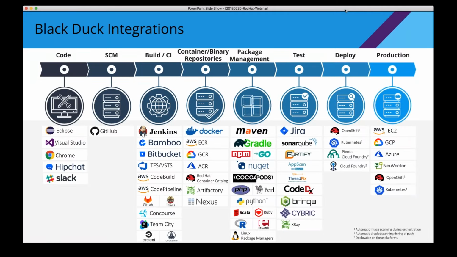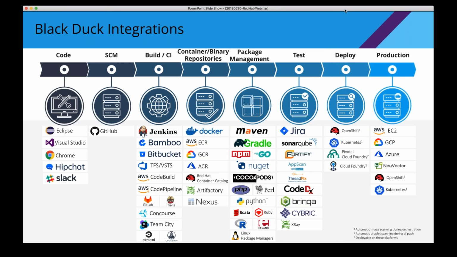But there's more to Black Duck than just the Black Duck UI in the knowledge base. We want to make sure that all the information that you need is in the tools that you use. So here's a list of a lot of our integrations.